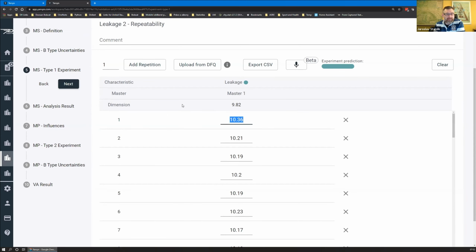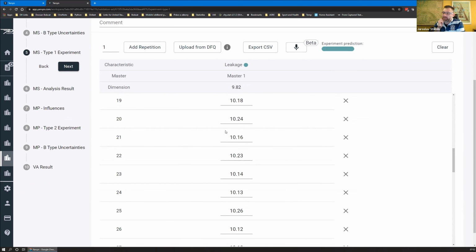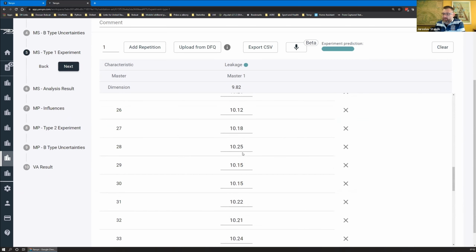I only have 1 master, so we still don't have the linearity, but that's quite usual. In this case, this is data taken from a real life example, and there have been 50 of them.